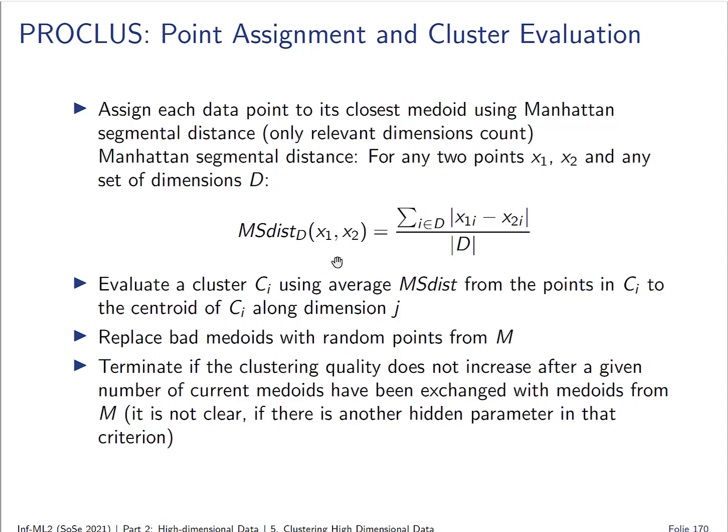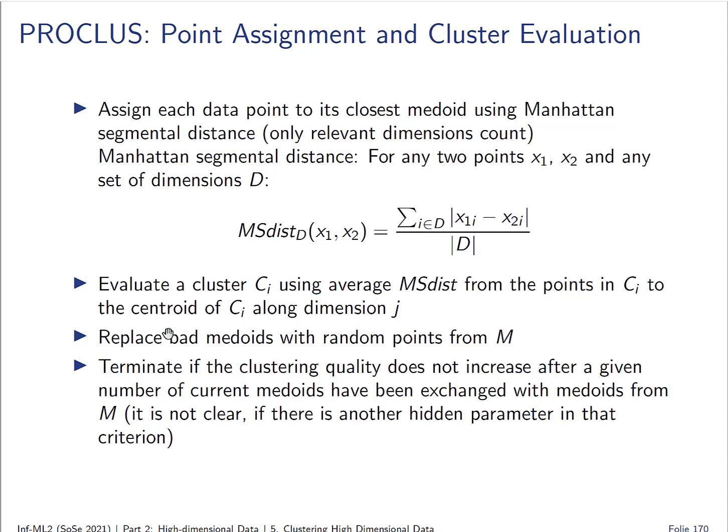Once again, if one of the medoids has a 4-dimensional subspace preference, so only 4 dimensions out of, say, 10 are relevant, then it would be a sum of differences in 4 different features divided by 4, and the compactness of the cluster will also only be computed in this 4-dimensional subspace, of course.